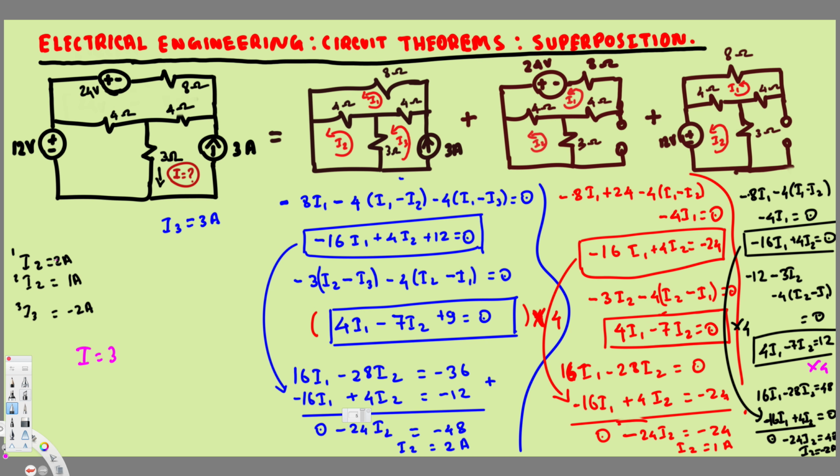First one we got 2 ampere, so I put minus 2, and 1 ampere, minus 1, minus 2 ampere, plus 2. If you add them together, 3 minus 2 is 1, 1 minus 1 is 0, so we are going to get 2 ampere. So this I current is equal to 2 ampere, and that's how we use the superposition technique in this kind of problems. I hope this helps. Thanks for watching.